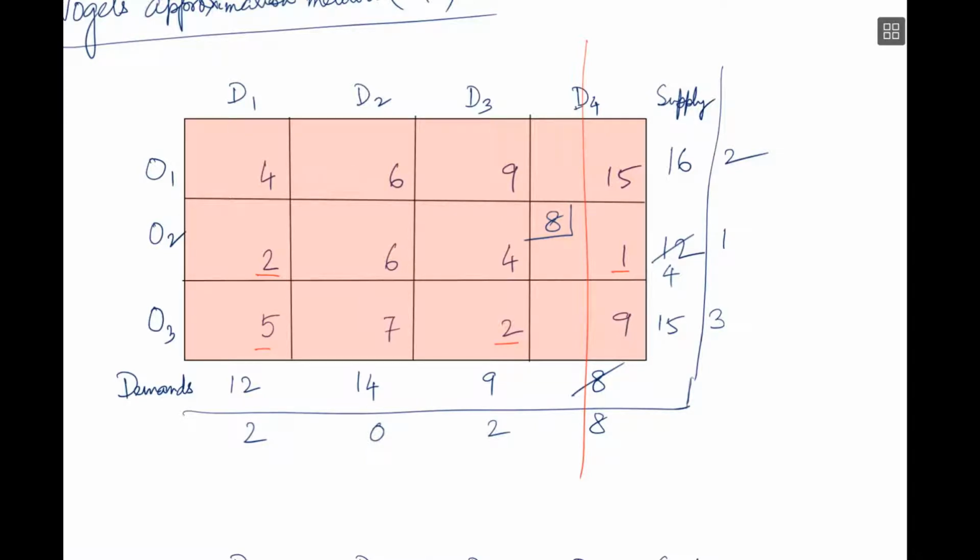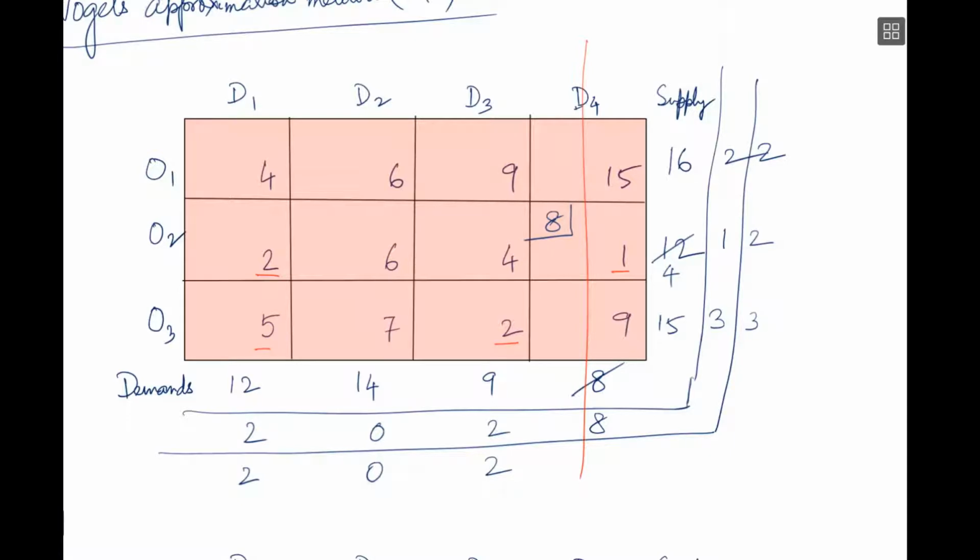So in the first row it is 2, in the second row it is 2, earlier it was 1, now it is 2, the difference between 2 and 4. In the third row it is 3, in the first column it was 2, it will be 0, and it will be 2 as earlier.